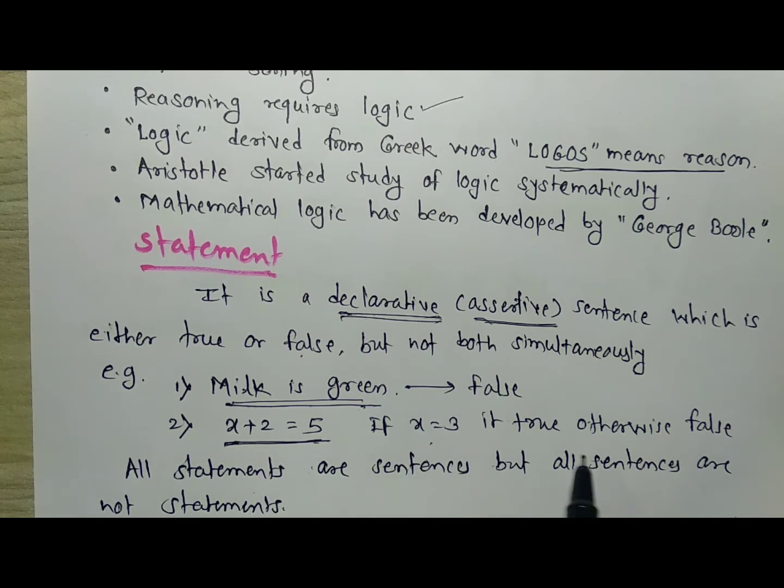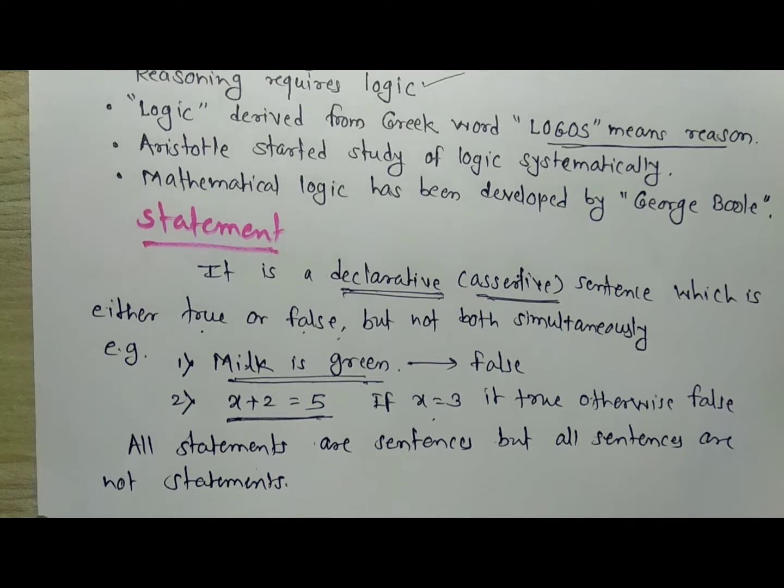When x is equal to 3, it is true, otherwise it is false. That means it becomes simultaneously true or false. But our statement definition said that it is a declarative, assertive sentence which is either true or false. That means if it becomes true, then it is not false, and if it becomes false, then it is not true.